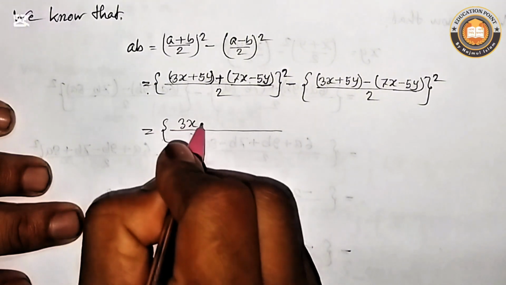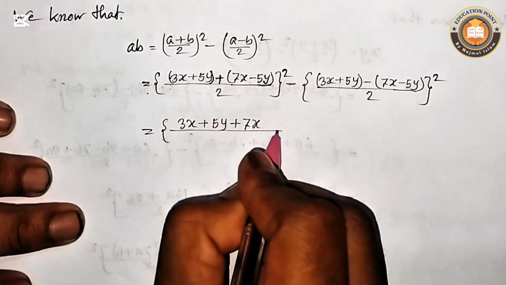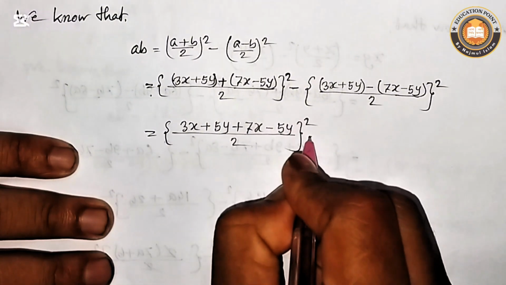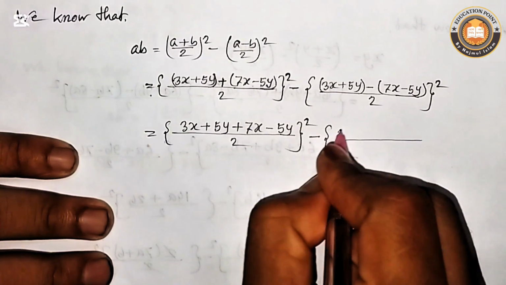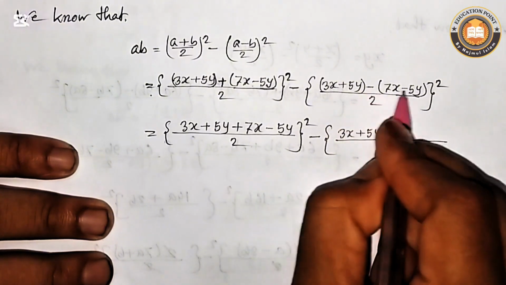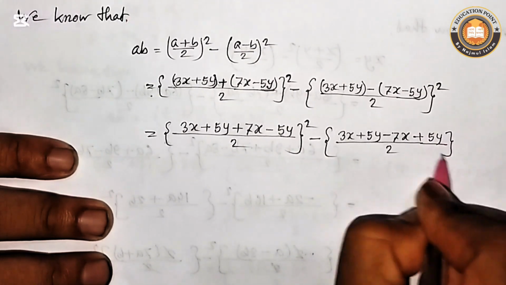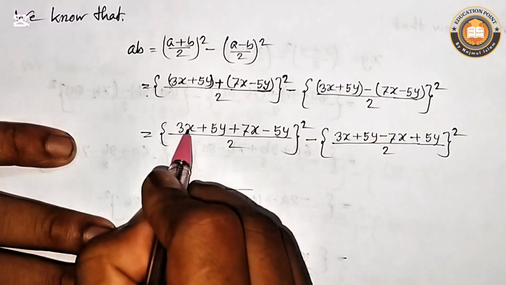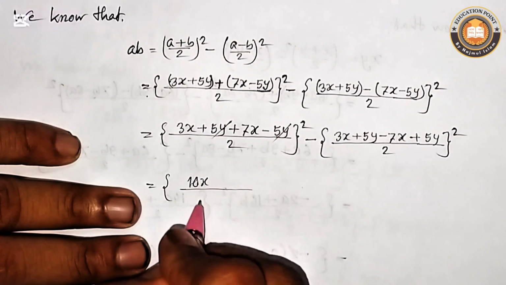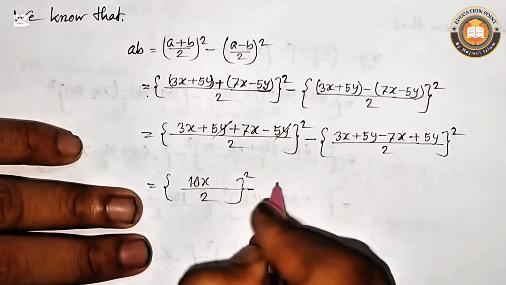That is, (3x plus 5y plus 7x minus 5y by 2) whole square minus (3x plus 5y minus 7x plus 5y by 2) whole square equal: added value of 3x and 7x equal 10x, plus 5y minus 5y equal 0, by 2 whole square.